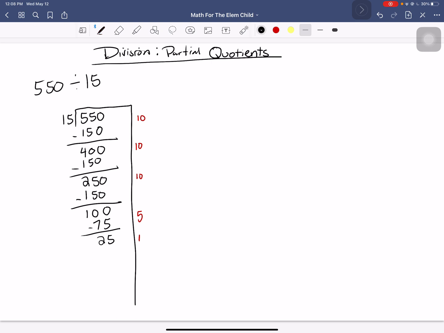This one can be trial and error as well, or this strategy can be trial and error as well. You just have to make sure we don't make any negatives. So if we make a negative, that tells you you went over and you don't want to go over.